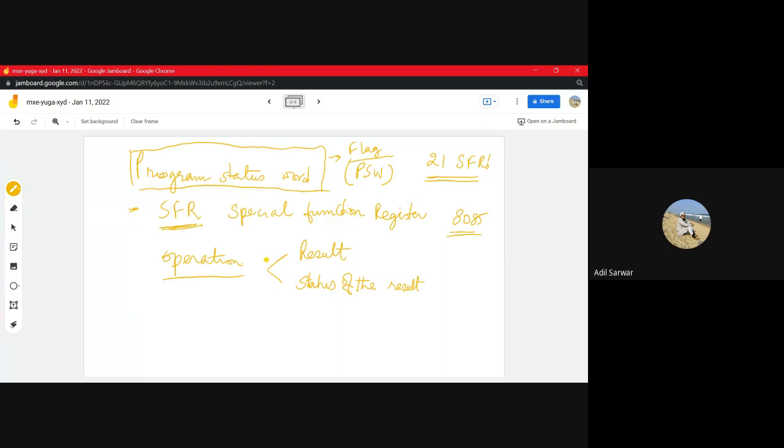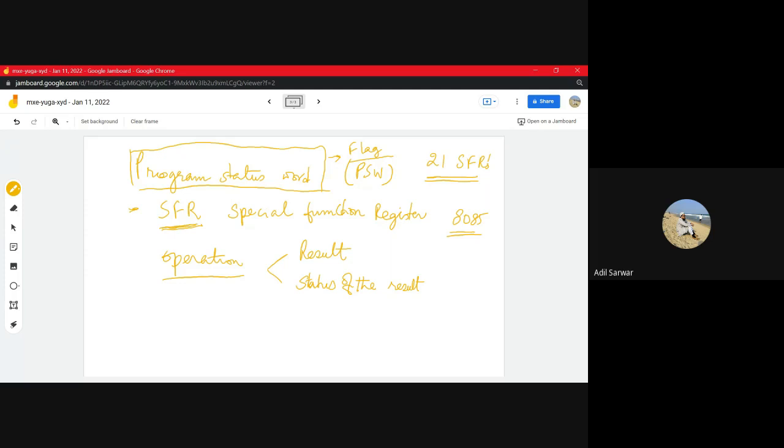Status means there are various things in the result itself, say whether it is positive or negative. Say you are performing a subtraction operation. After subtraction, are you getting a positive number or a negative number? This is one of the things. Then how many ones are there in the result, whether it is odd or even. Again, if you are adding two numbers, is there any carry or not?